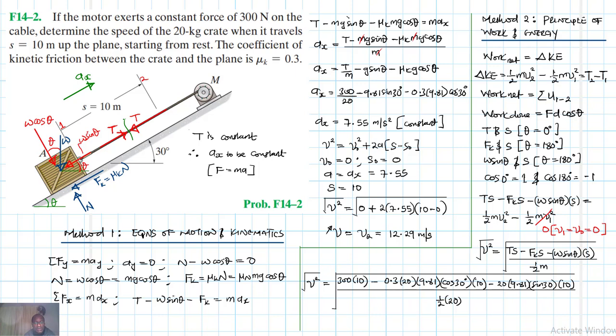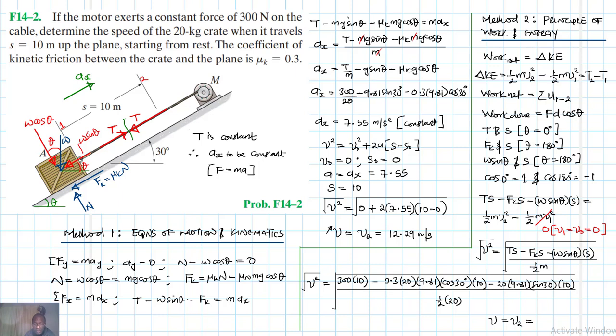Therefore, we can now simply say our v is equal to v2, which is equal to the square root of 300 times 10 minus 0.3 times 20 by 9.81 cos 30 times 10 minus 20 by 9.81 sine 30 by 10, then divided by 0.5 by 20.